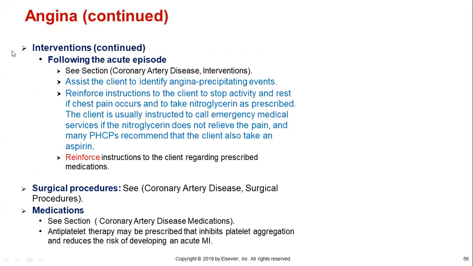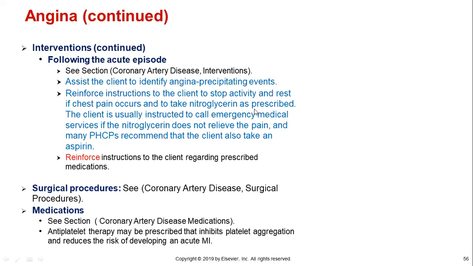What are the other interventions? Assist the client to identify angina-precipitating events. So just take a good history and observation, and find out what the underlying cause of the pain is. Reinforce the instruction to the client to stop activities and rest if chest pain occurs, and to take nitroglycerin as prescribed.